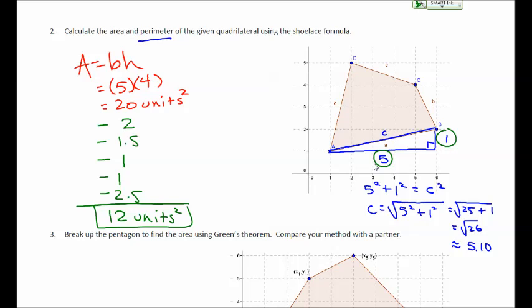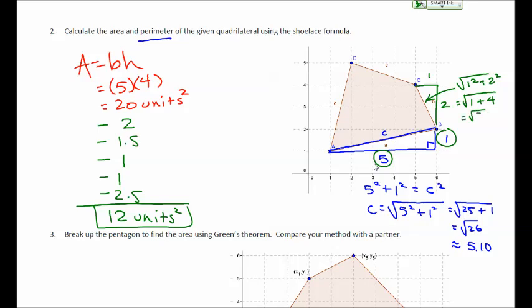So I'll next find the length CB using this triangle. And this is the square root of 1 squared plus 2 squared, because this is 1 and this is 2 of that right triangle. And using the Pythagorean theorem, you get the square root of 1 squared is 1 and 2 squared is 4.